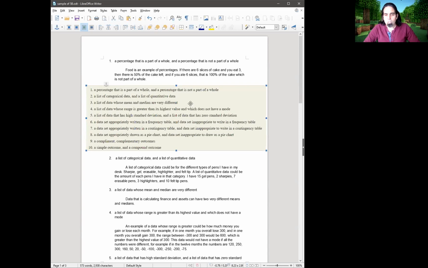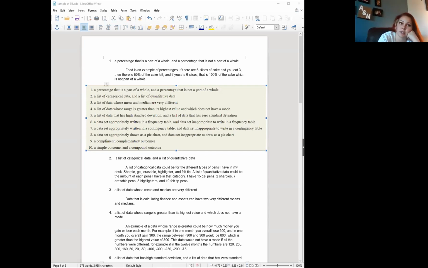A percentage that's not of a whole, those can be harder to think of. What's an example of using a percent in a sentence that doesn't have the word of right after it? We were going off of weather, like precipitation, so like 10% chance of rain.